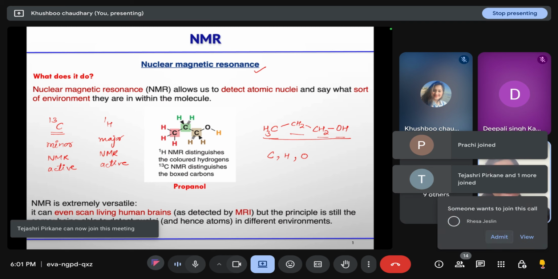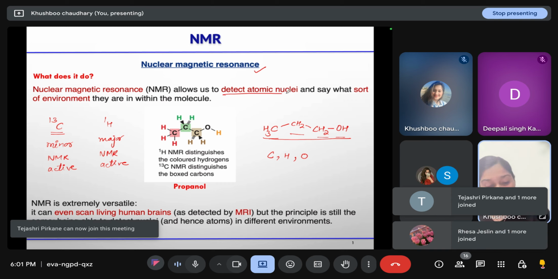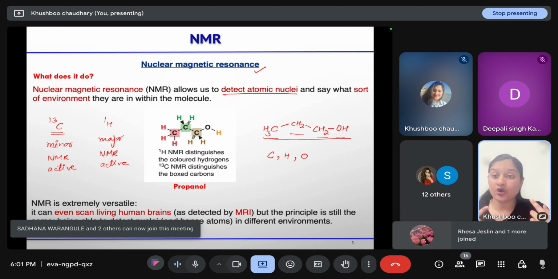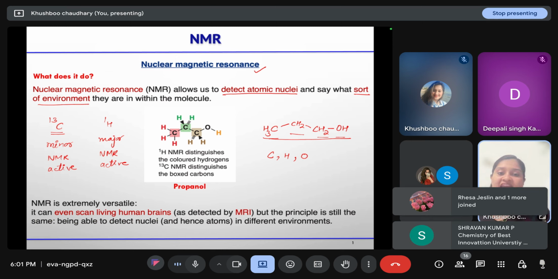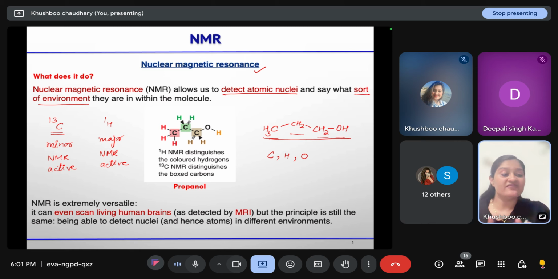The basic information we get from NMR is that it helps us detect atomic nuclei, and it also helps us find out what sort of environment these atomic nuclei are present in. NMR is very versatile.